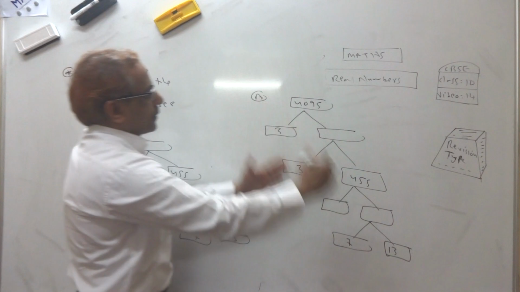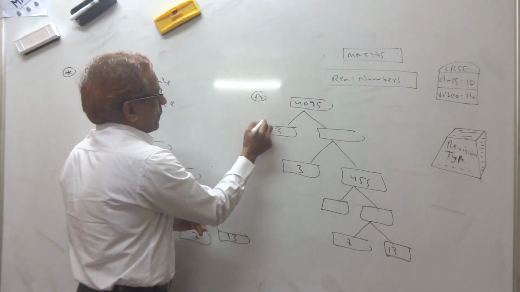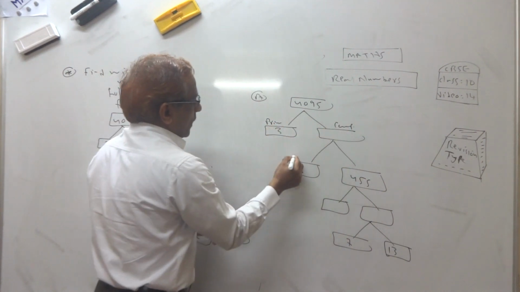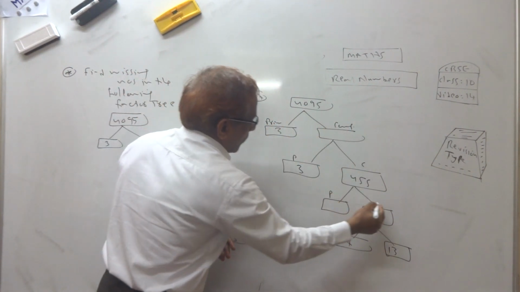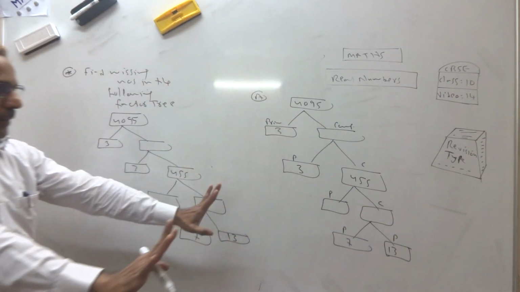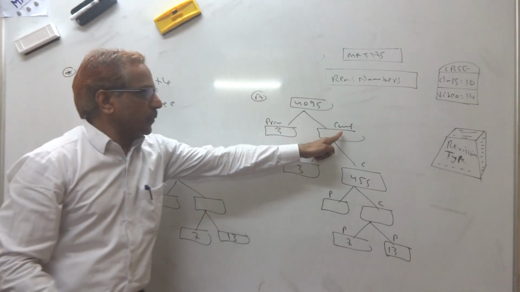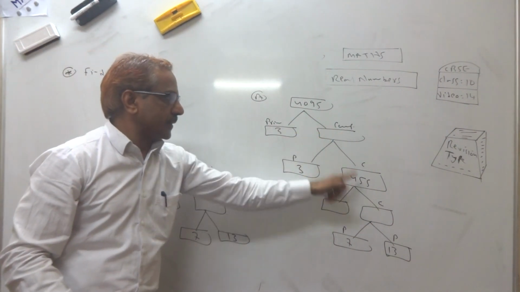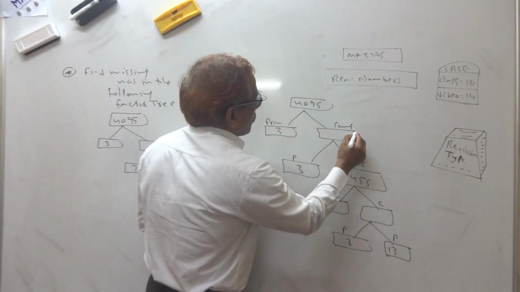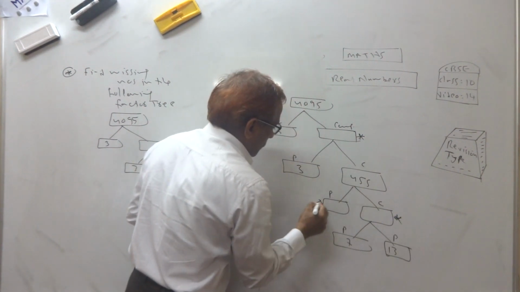You know that in this factor tree, this number is composite, this number is prime, this number is composite, always prime, composite, prime, composite, prime, prime. When you get both prime, we stop. That is the factor tree actually. For every composite number, two factors. So which numbers you have to find out? You put stars.